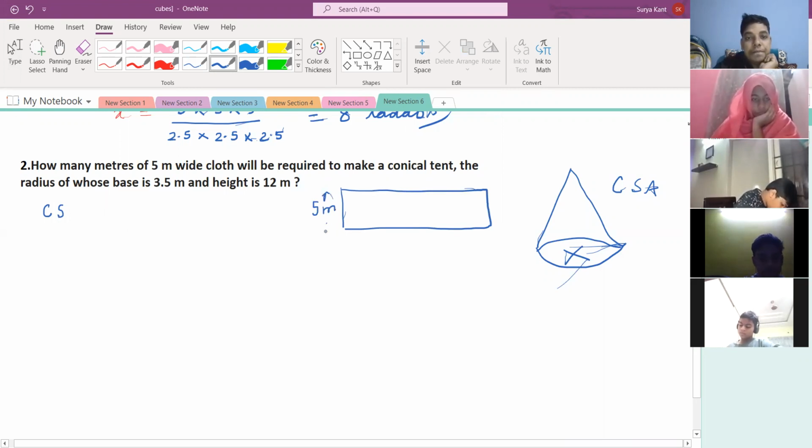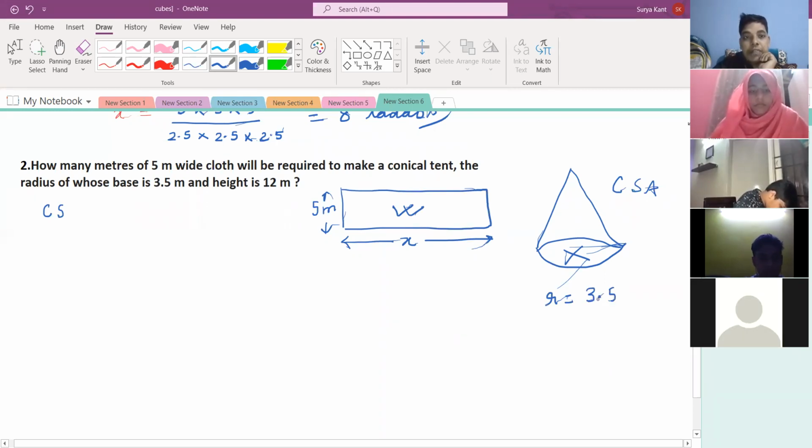Let the length be X. By the help of this cloth, you have to make this cone, a conical tent, which is having radius as 3.5 and height as 12 meters.